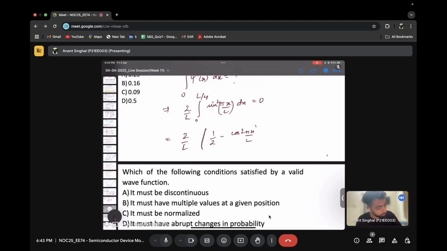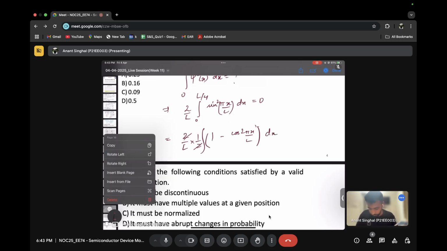Let me write 1 by 2 outside. So 2 and 2 will cancel out, and the limit is 0 to L by 4. Sorry, I have not integrated it yet. Integration dx.